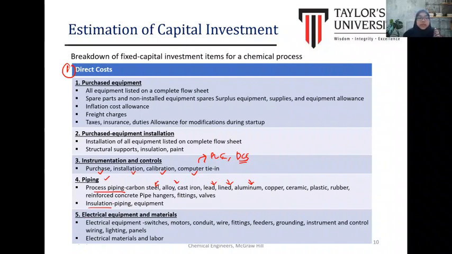And then next is the electrical equipment and materials. When we deal with instrumentation and control, we also correlate it with the electrical equipment and material. To start up the PLC and DCS, we also include the cost of the electrical equipment, including the electrical material and labor.